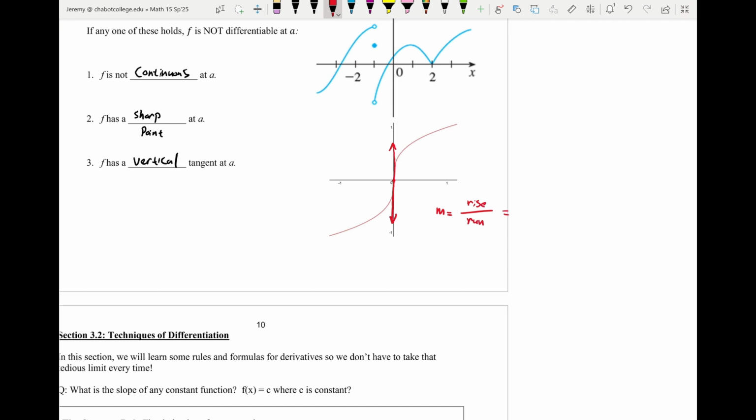A vertical line has a run of 0, so the rise might be some number, but the run is going to be 0. And this is undefined, right? We can't divide by 0. So if we have a vertical tangent line, that can only mean that f prime of a, wherever that vertical tangent line occurs, is undefined.